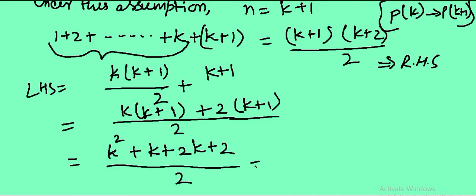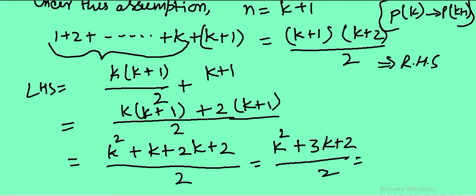So it will be k square plus 3k plus 2. Now we have to prove this. If I take k common, and this is 2k plus 2, so it will be k square plus 3k plus 2, by 2.